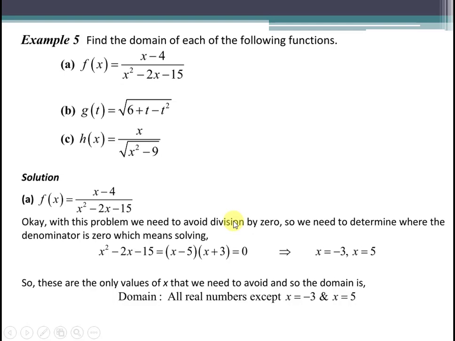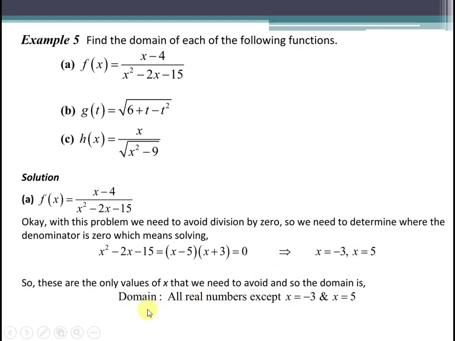So we should find all values where the denominator is equal to 0. When we equate the denominator to 0, we have 2 points, minus 3 and 5. These are the zeros of the denominator, minus 3 and 5.